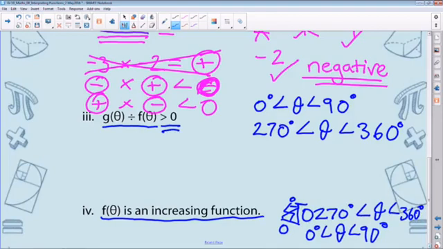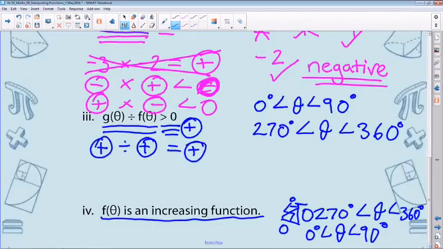Okay, now the last question, or the second last question, but the last one we're going to do for today, is asking where this value is more than 0. So it's asking for when we are going to get a positive answer. Now we know that if we divide a positive number by a positive number, we're going to get a positive answer.